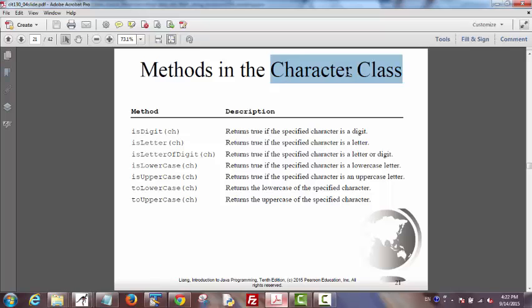Notice the Character class has a function called isDigit, which tells you that you can check to see if a character is a digit. By the way, there's a typo in your book also. This should be isLetterOrDigit. You can check to see if something is lowercase, uppercase, etc.